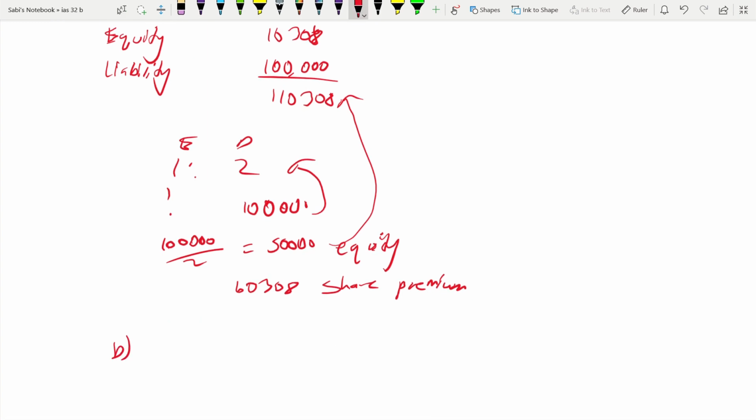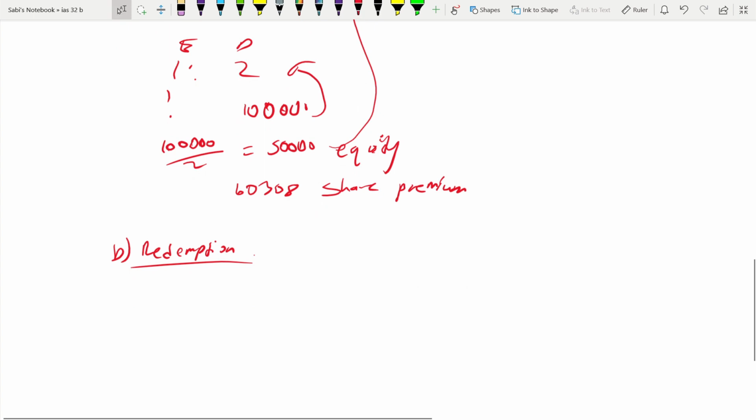That is redemption. You redeem it because you don't convert. You don't elect for conversion. So you redeem it entirely. In part B, what do we do? The carrying amount at 31st December is the same as under 3A.